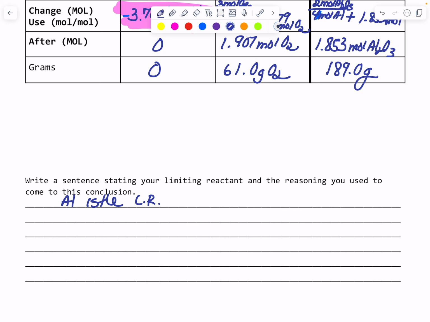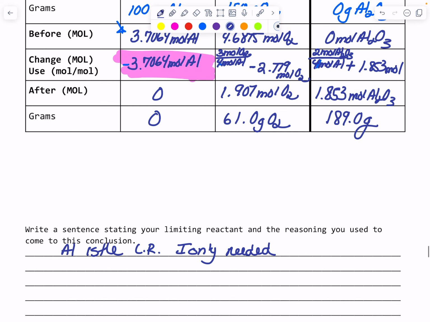So I only needed, right? You only needed 2.7 moles of oxygen to use up all the aluminum.